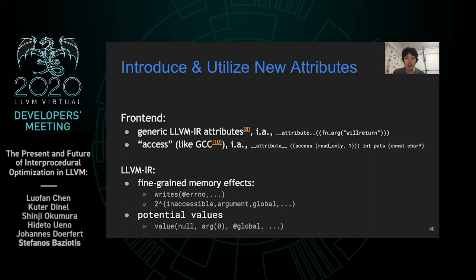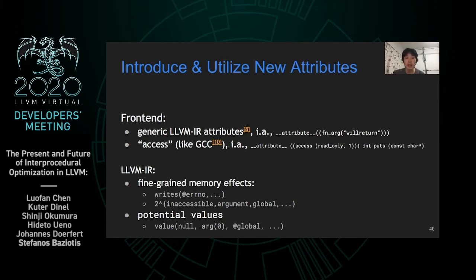Currently, there are attributes related to memory locations like argmemonly or inaccessiblememonly, but sometimes a function may access either argument or inaccessible memory. However, we cannot represent this information in the current LLVM, so maybe we need to create some more flexible attribute.